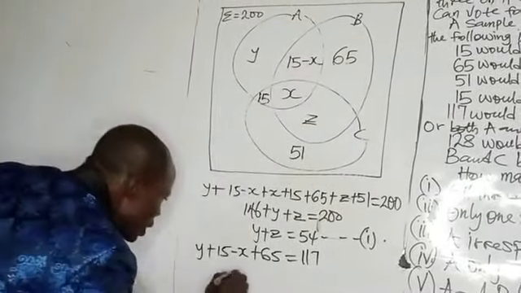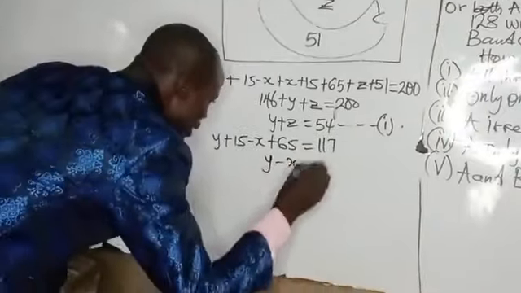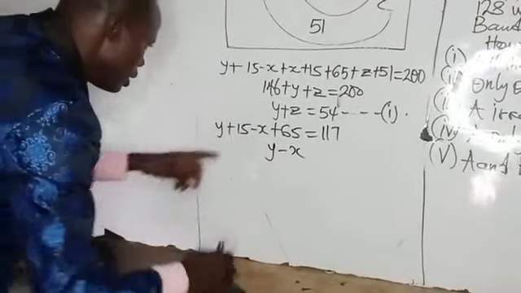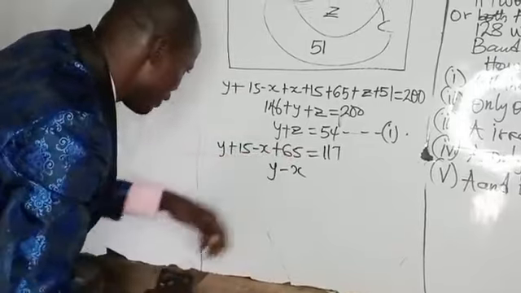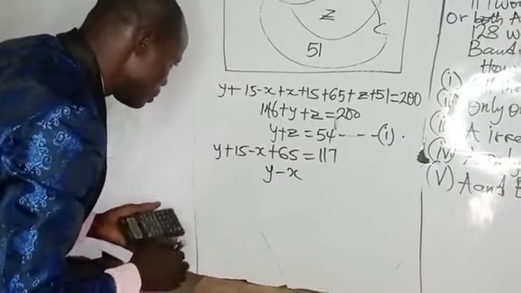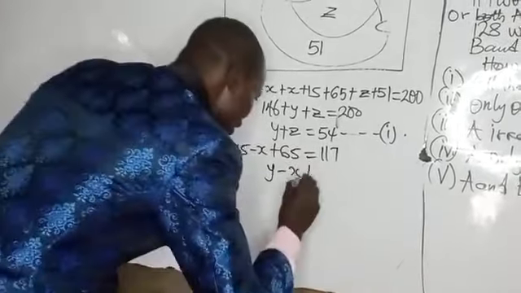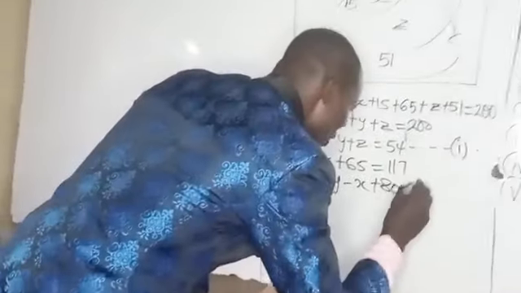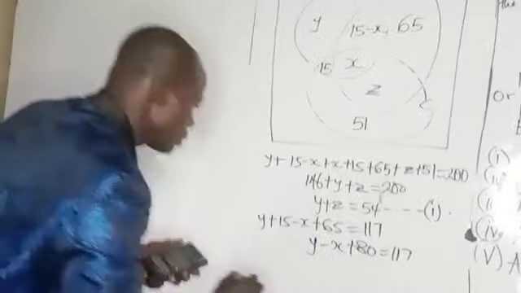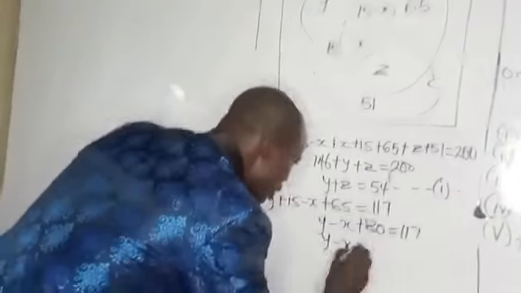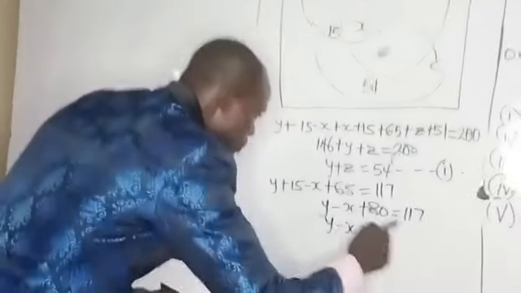So which is Y minus X, 15 plus 65, that is 80, plus 80 equals 117. So Y minus X equals 117 minus 80.